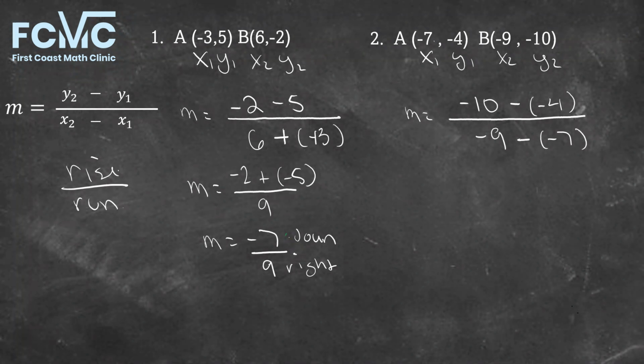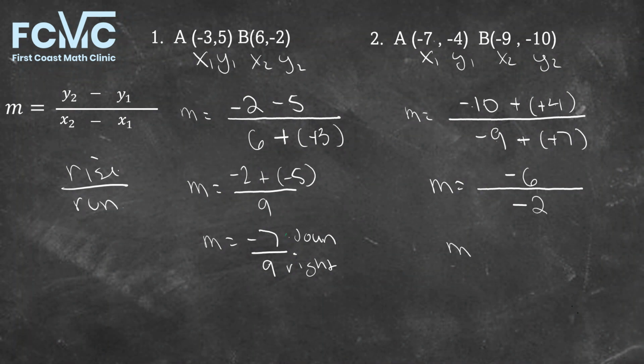Using our subtraction rule, we can rewrite this as plus positive, plus positive. We're subtracting a negative, or adding a negative plus a positive, so we want the difference. Negative 10 plus 4 gives us negative 6. Negative 9 plus 7 gives us negative 2.